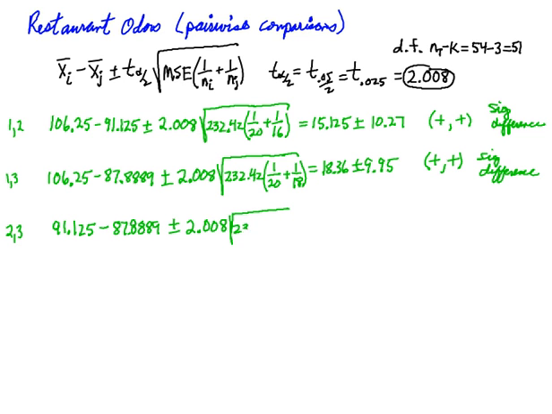I still have a different margin of error, so it'd be 1 over 16 plus 1 over 18 this time. And my average is 3.24. They're a little bit closer. That's my estimate for the difference in the population averages.